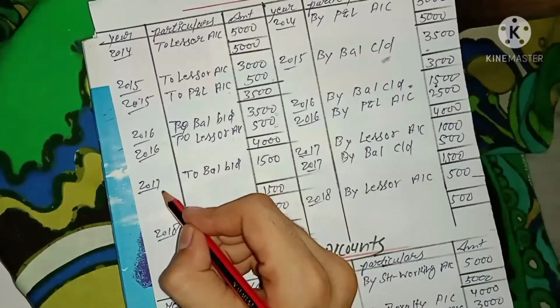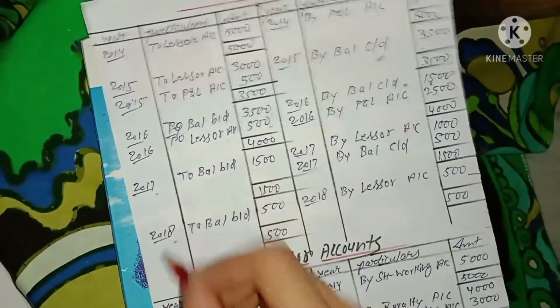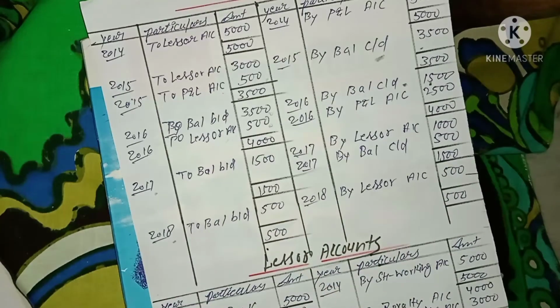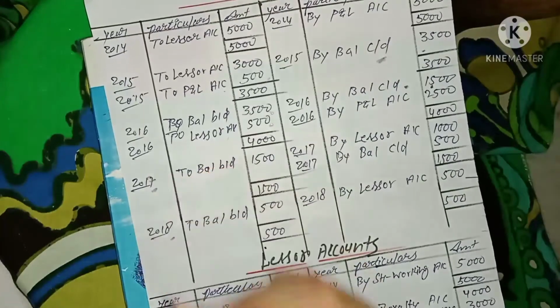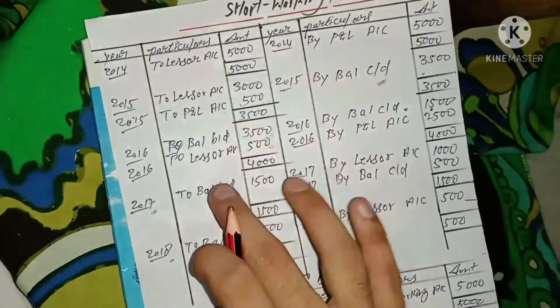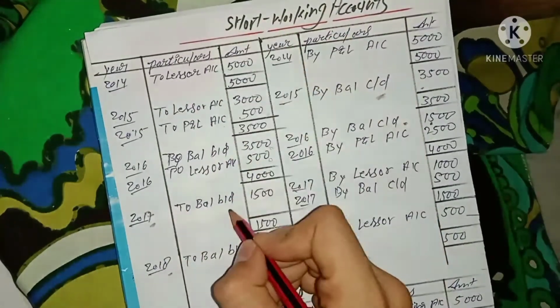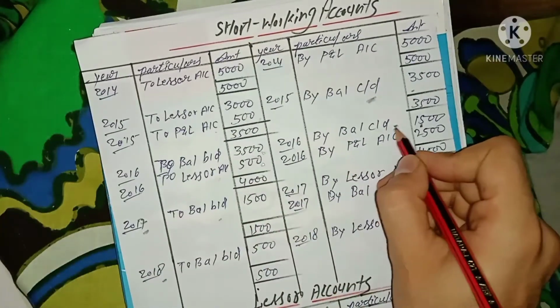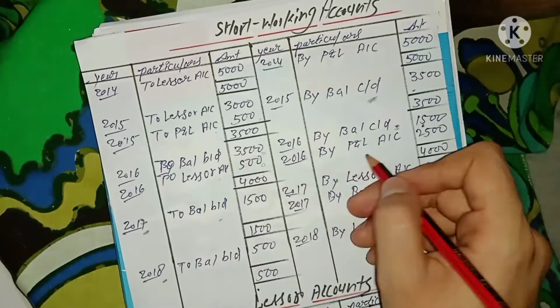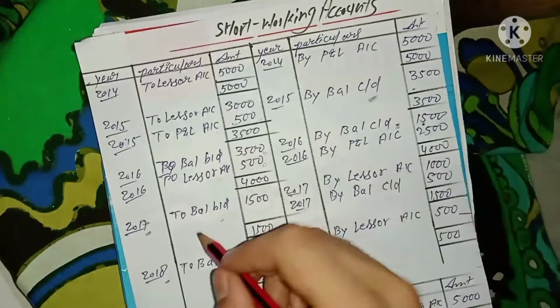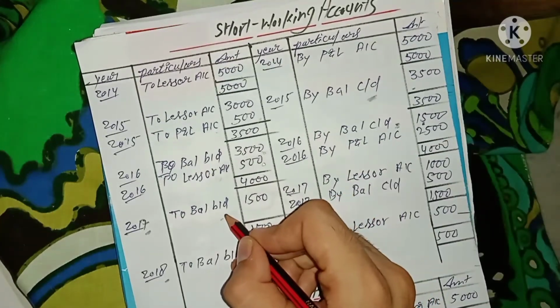And in the years 2017 and 2018 you simply do as you usually do, ordinary journal entries and transfers into the short working account. Like balance BD, the closing will be the opening in the next year; the previous year's closing turns into the opening account at the beginning of the next year.